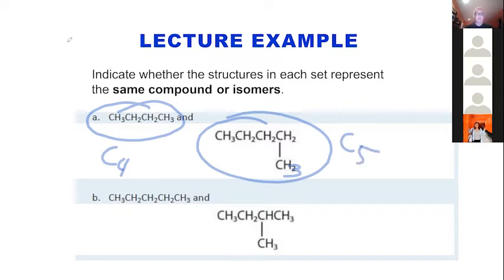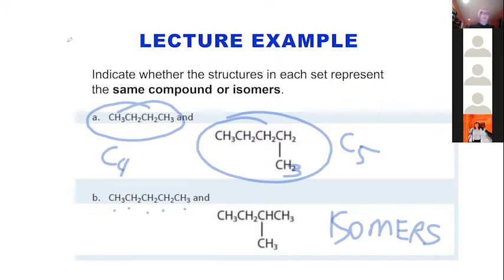What about the second one, B? I think they're the same compound, but a different arrangement. Right. Okay, so if it's a different arrangement, then is it exactly the same thing or are they isomers of each other? Those are isomers, right? Because in this one is 1, 2, 3, 4, 5, and they're all in a row.